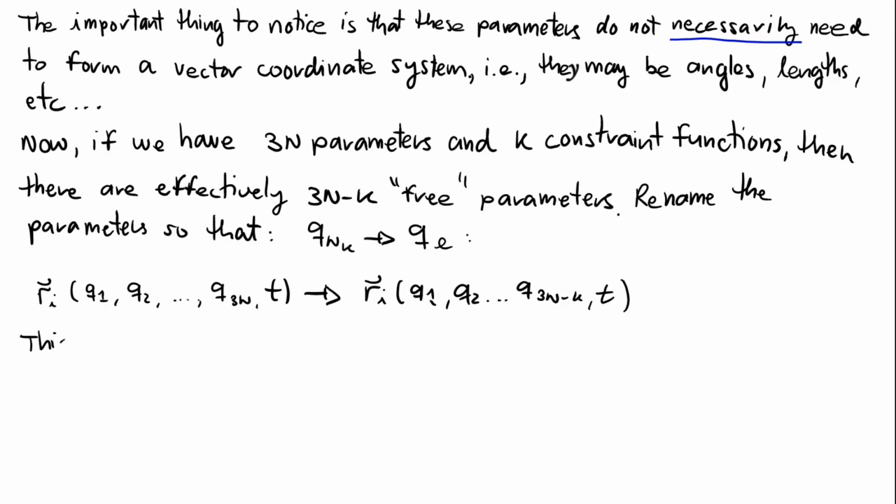Now, just be aware that this is just notation. In reality, this is not extremely important since each parameter is independent and you can do this for whatever number of parameters that you have.